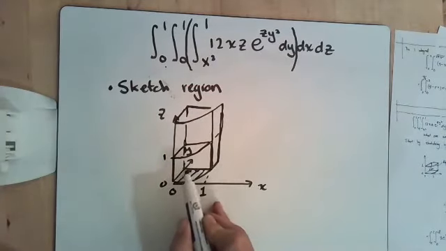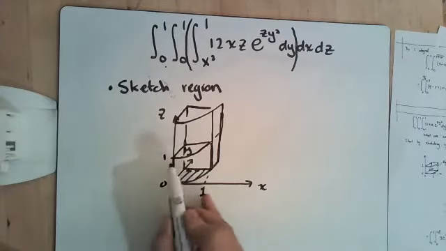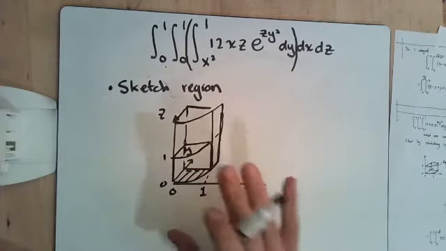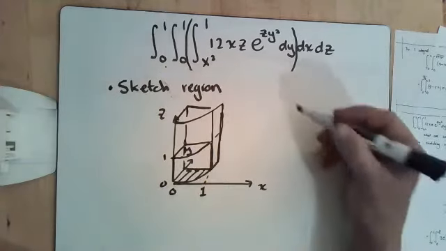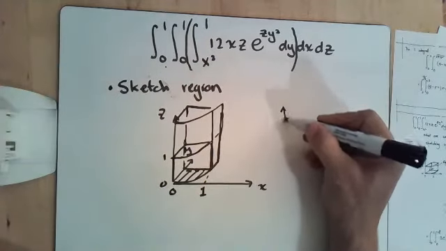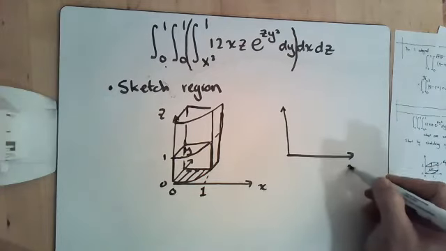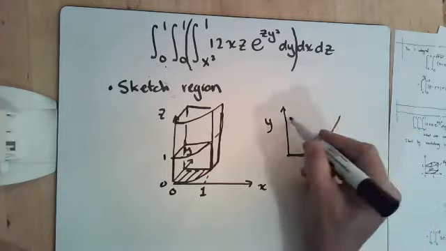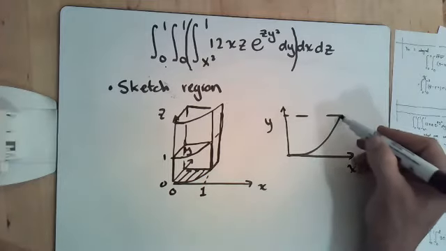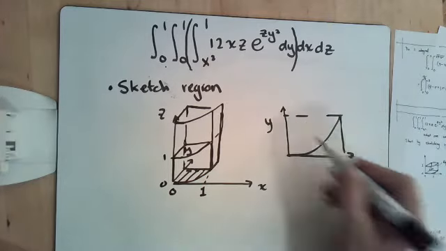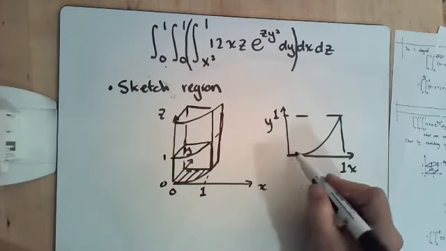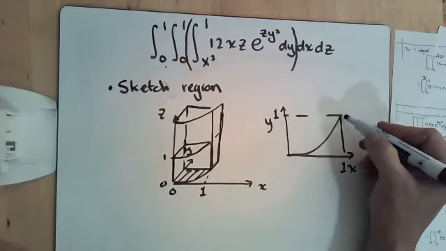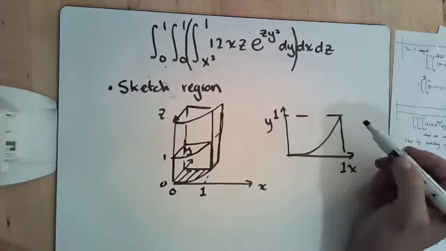Well, it would look like integrating this way first, right? Integrating horizontally. So let's look sort of down on it. Here's x, here's y. Here's 1 and 1. So we started integrating this way, starting on this curve y is equal to x squared and ending at 1.